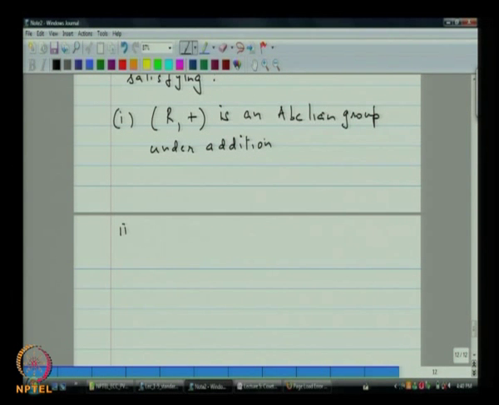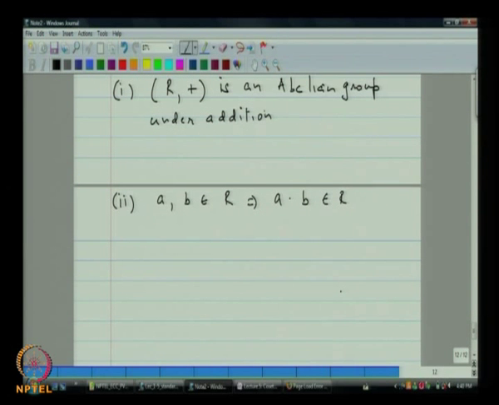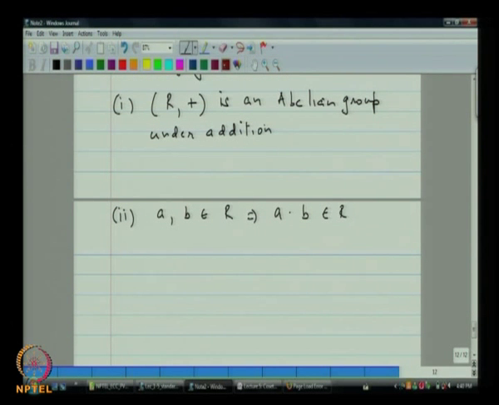Secondly, A, B in R implies that A times B is in R, and you can say that this is the property of closure under multiplication.